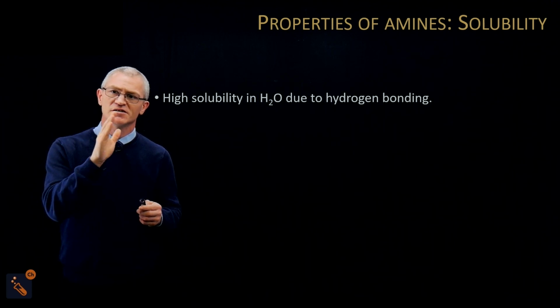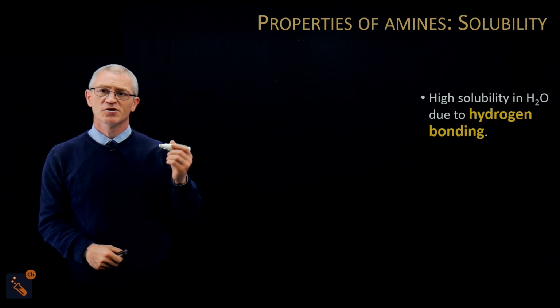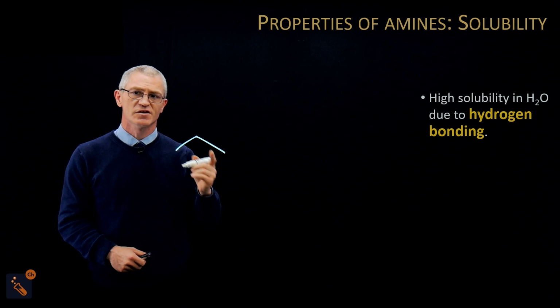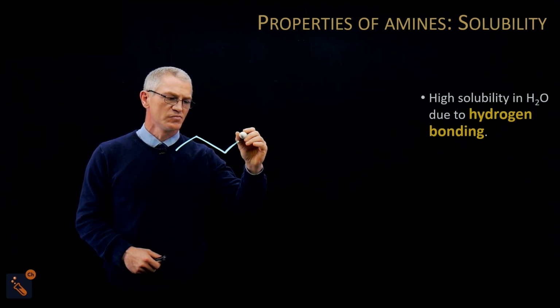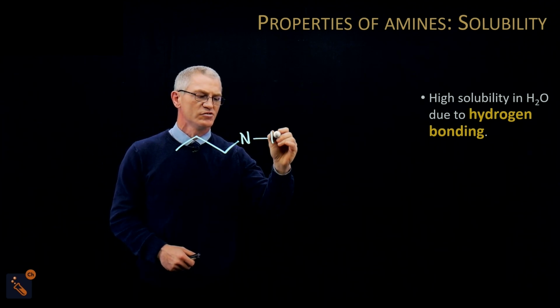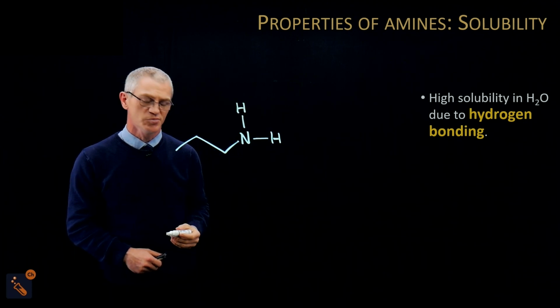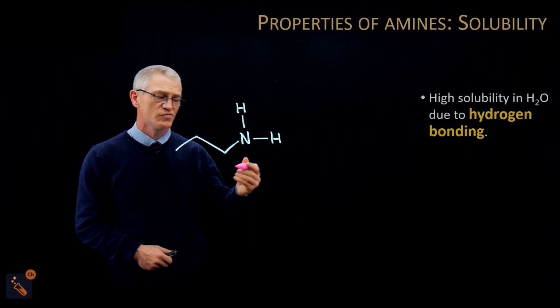Okay, so let's get this across. I said it was going to be propanamine, so let's draw propanamine. That's 3 carbons, and then I've got my NH2 group. I'm going to draw it with the hydrogens coming off. I'm then going to put my dipoles on, really important.